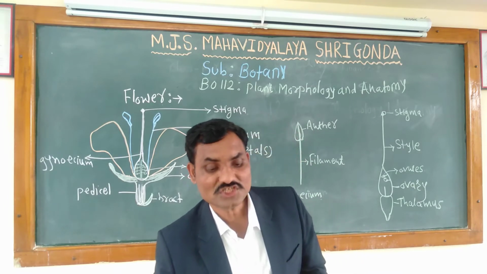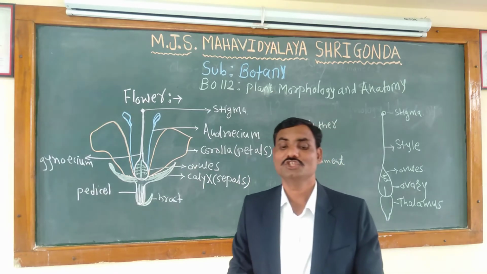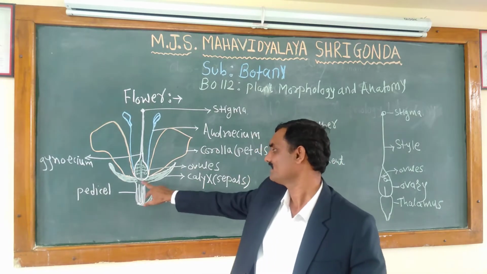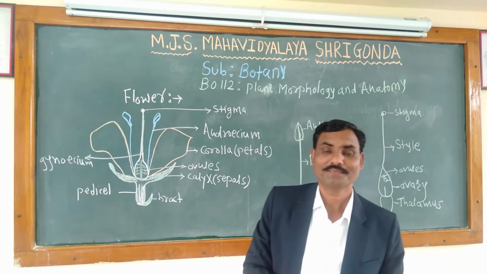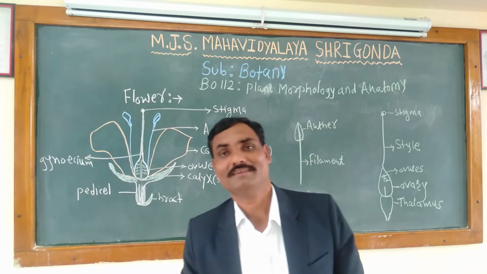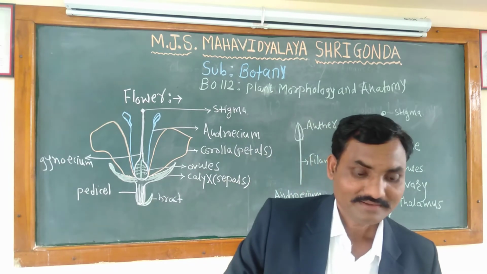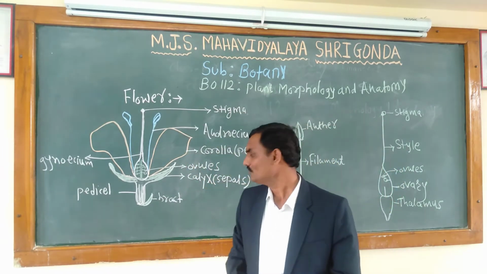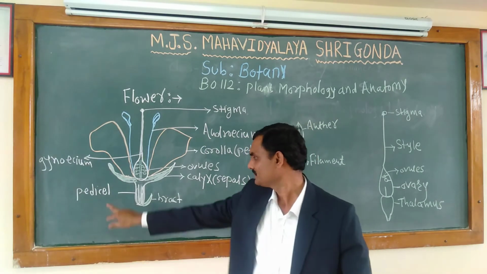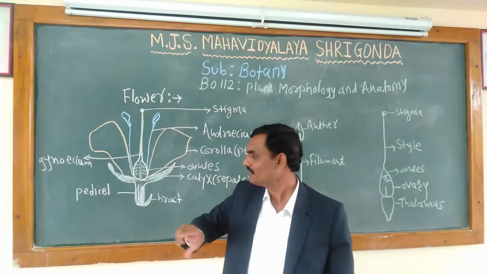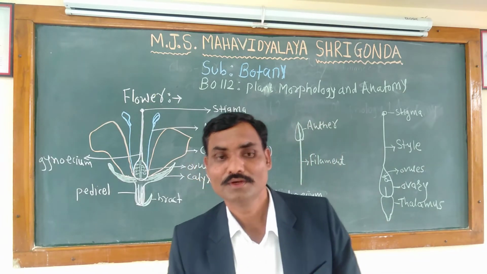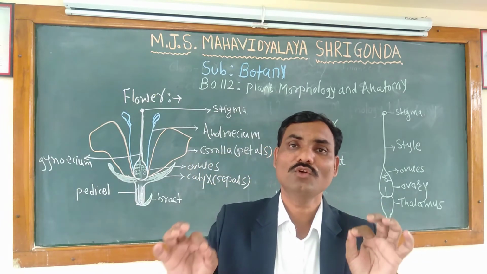Then the axis consists of two parts, the stalk or pedicel and the thalamus. Thalamus and pedicel. Then what about pedicel? It is the basal part of the axis which is without floral leaves.